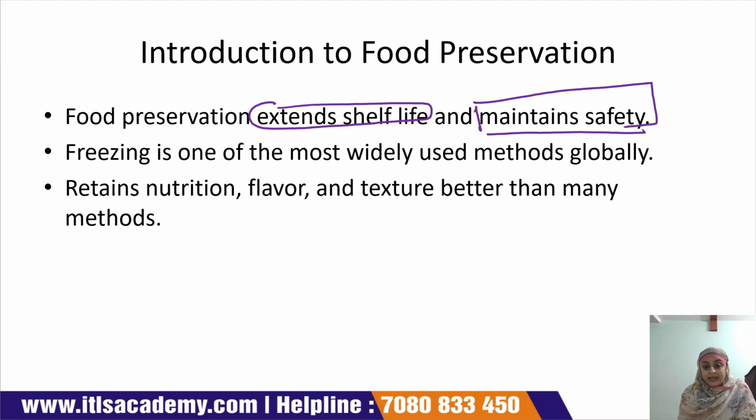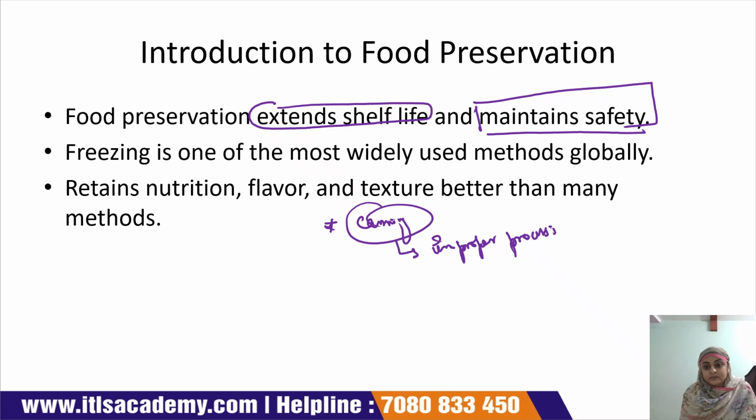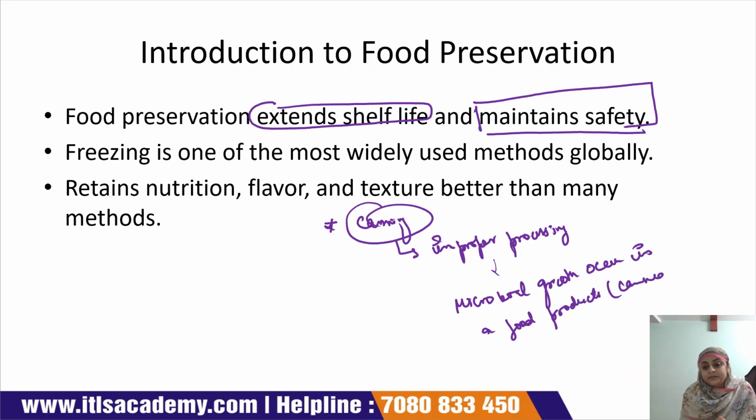Like in the case of canning, sometimes with improper processing, microbial growth occurs in a canned food product. At that time, the shelf life remains, like it is not expired.